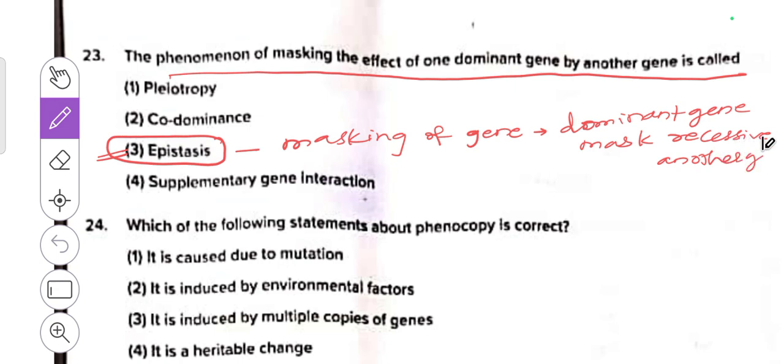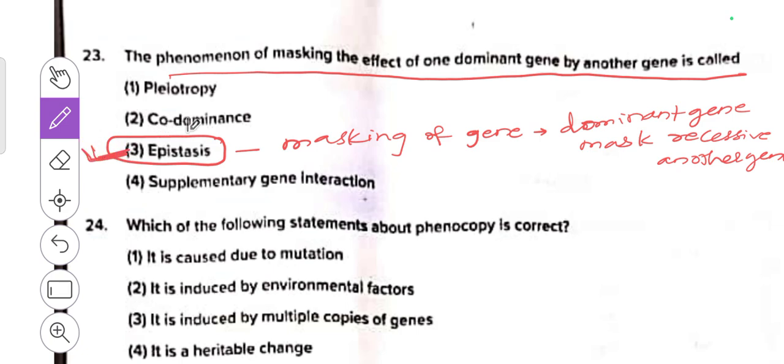It is one of the variations on Mendel's law of inheritance, where a non-allelic gene pair will hide the effect of another gene, that is a masking effect.